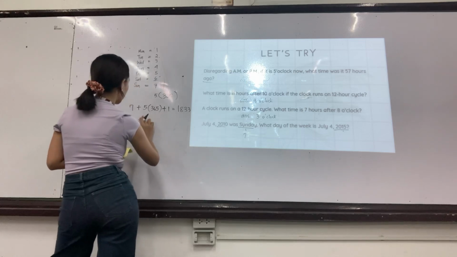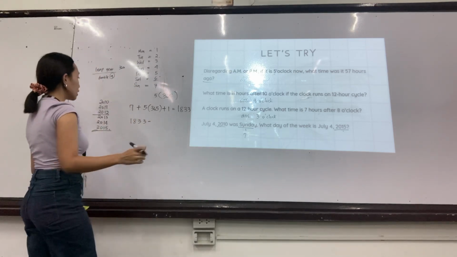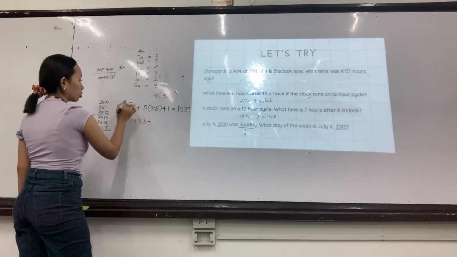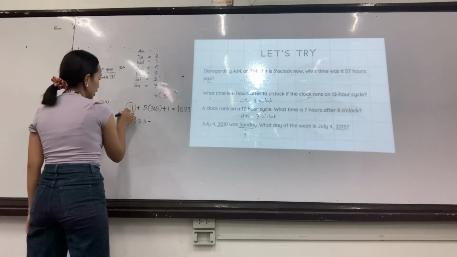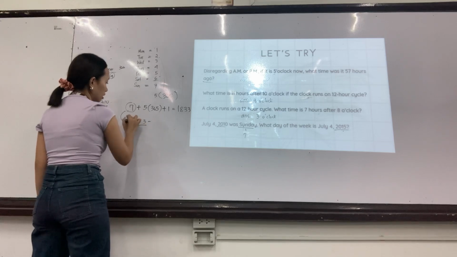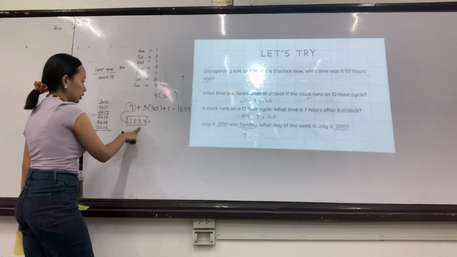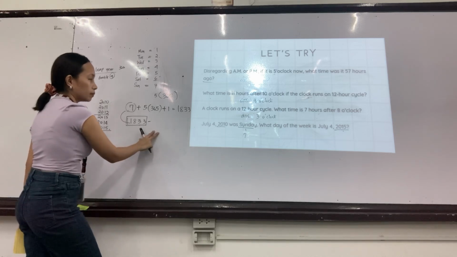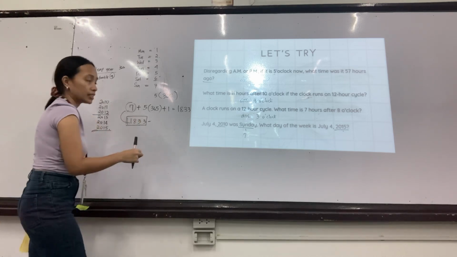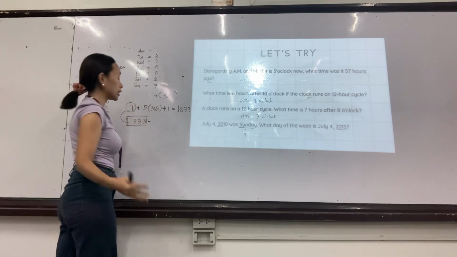Now we just have to look for a multiple of 7 that we can subtract from our 1,833 value so that we can minimize it and convert it into what day of the week it is, okay?